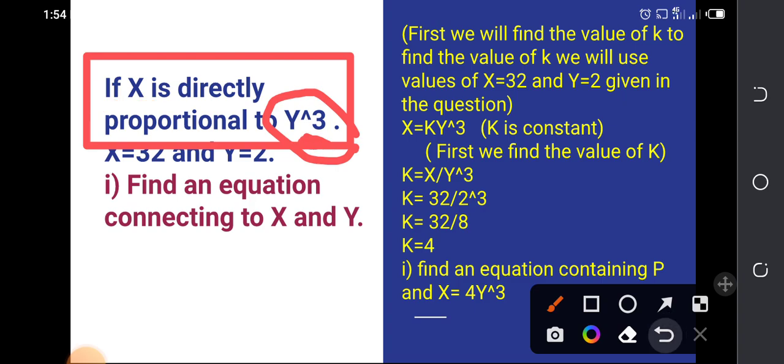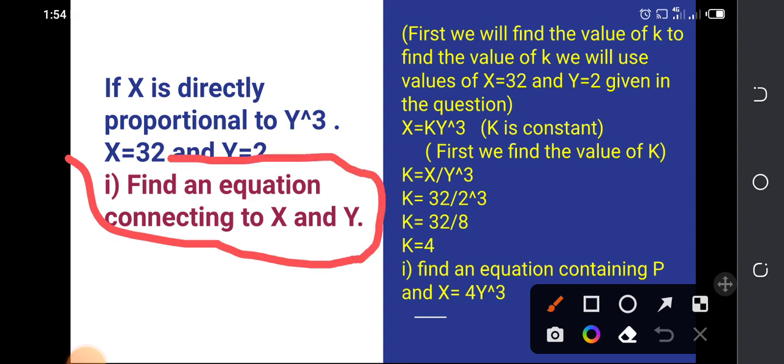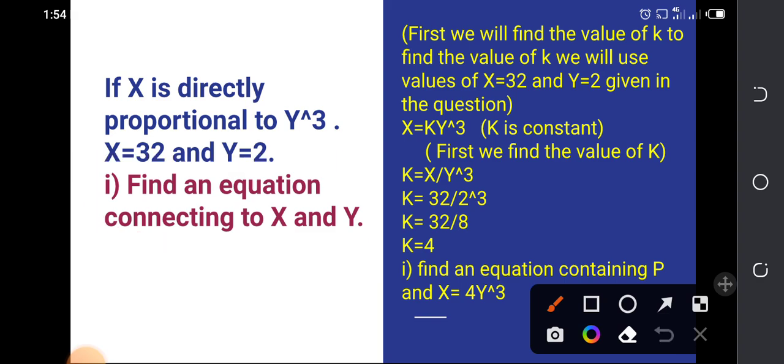In the first part, they are asking us to find an equation connecting x and y. The values given are x is equal to 32 and y is equal to 2. By using these, first we will find the value of k, which is the constant.